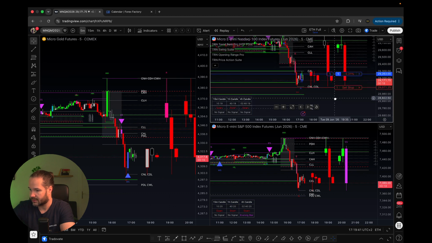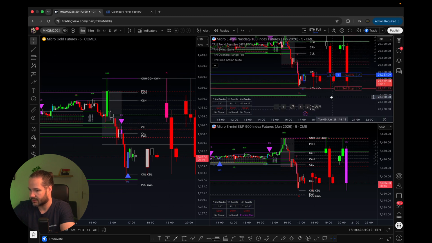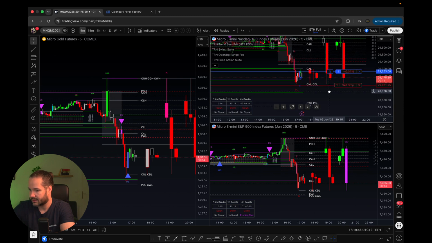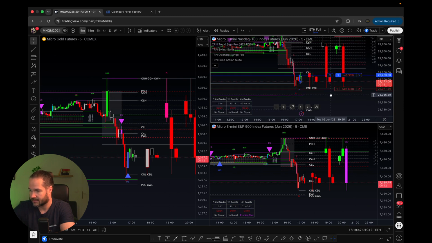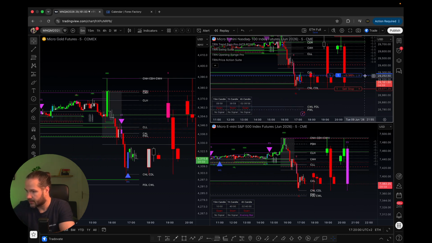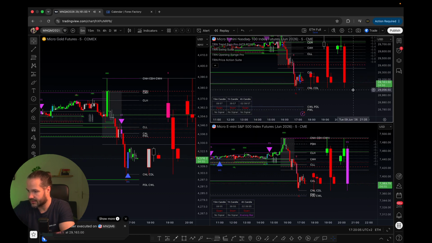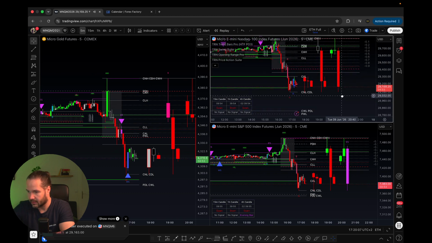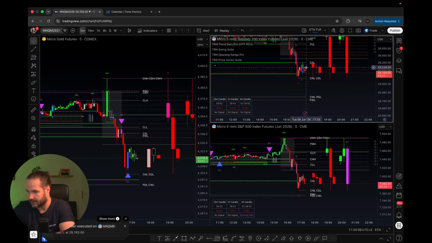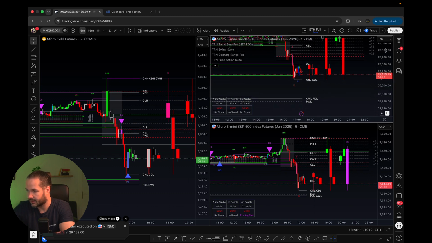But let's see, a few ticks and we will close in red, and then it has to be like this. Okay, here it comes. Yeah, we closed like this. Okay, I will close this position, take a little loser, and now I will try a short instead here.